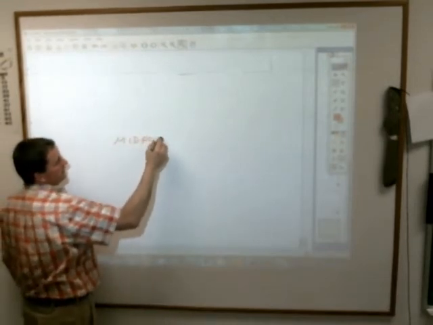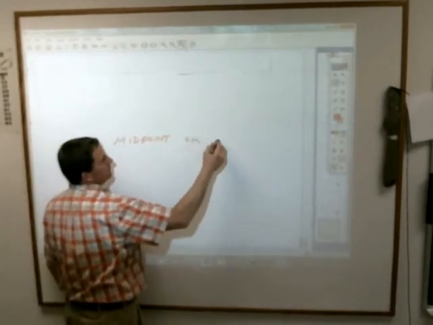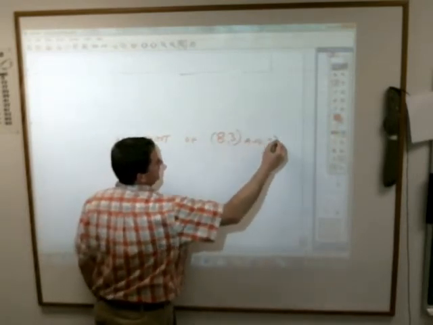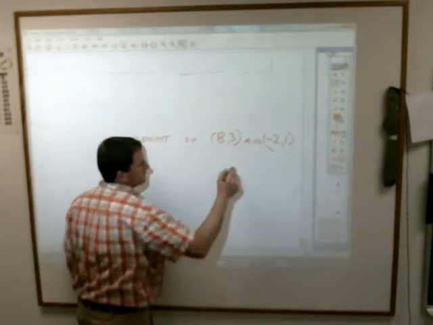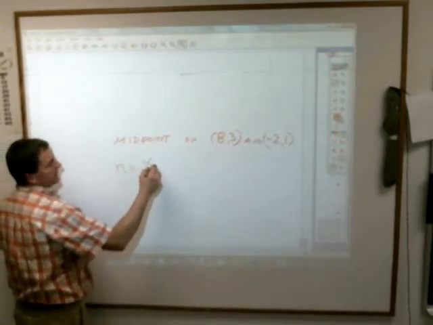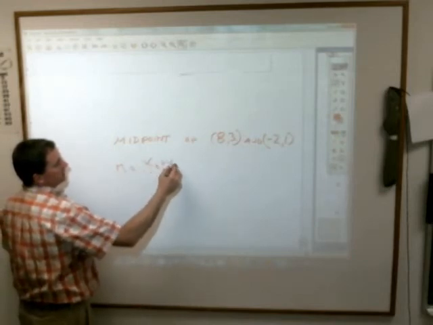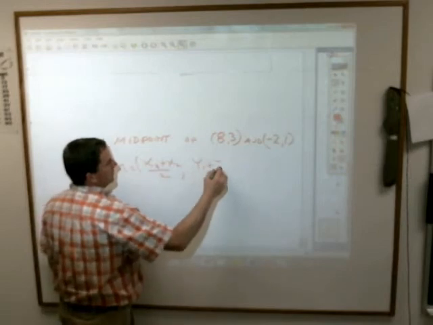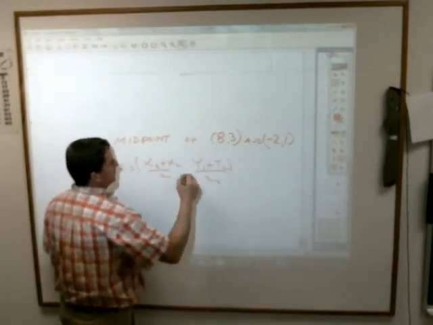Let's say the midpoint of 8, 3 and negative 2, 1. So the midpoint is going to be your x1 plus x2 over 2, y1 plus y2 over 2.